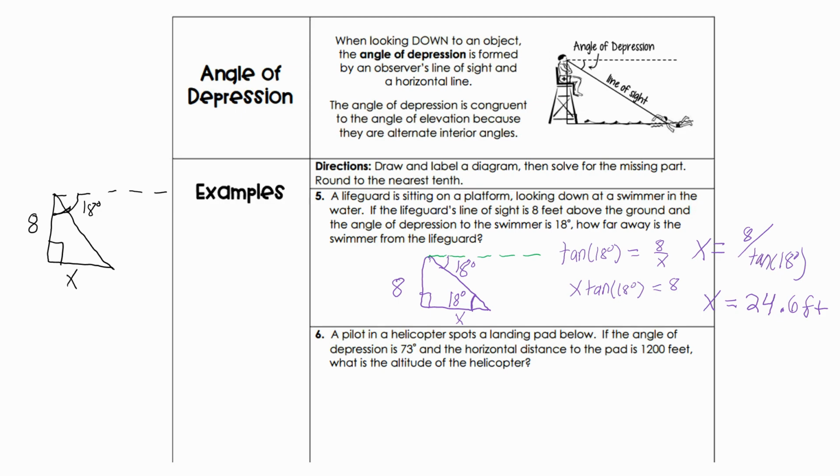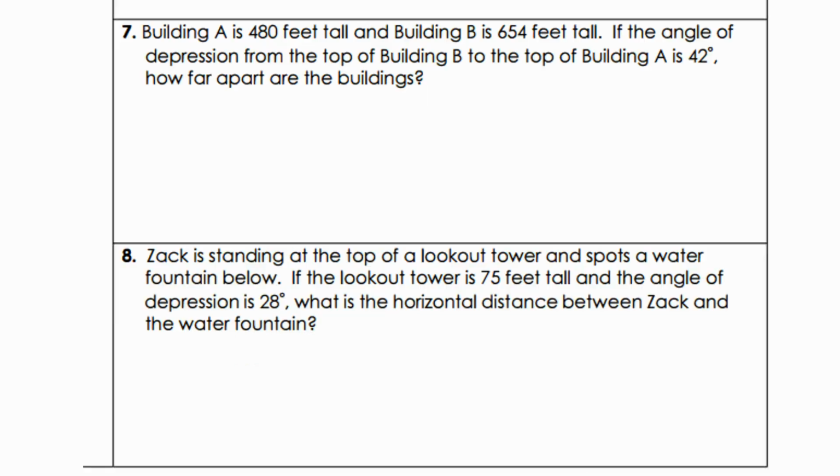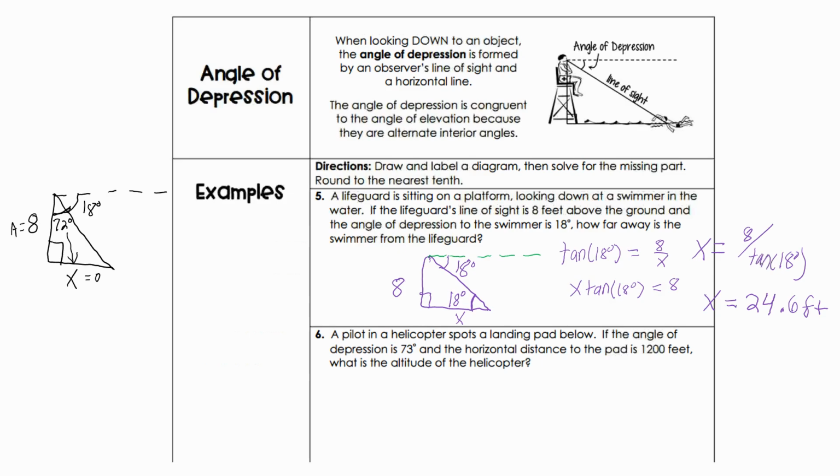So you could do 90 minus 18, which is 72, which goes right here. Then you can use that angle. x is the opposite in this case, and 8 is the adjacent. So that trig function is tangent.